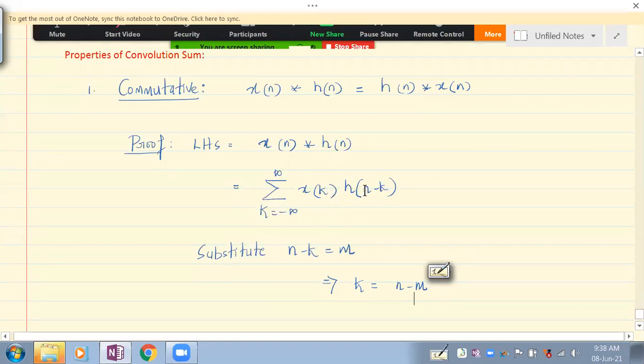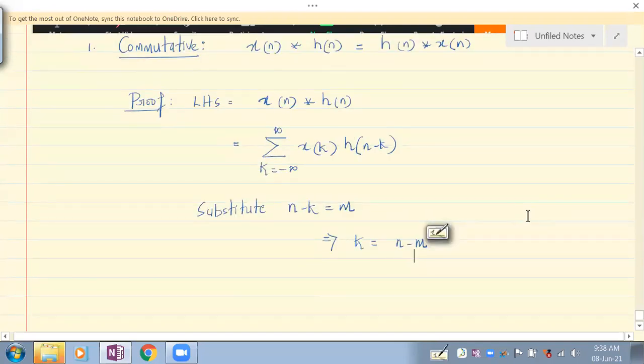Okay, so before that, see here, if it is k, not n minus k, don't see the signal with two variables. Just see the signal with one variable, x of k. So that variable will run from minus infinity to plus infinity. Understand? So let's see how that happens here.